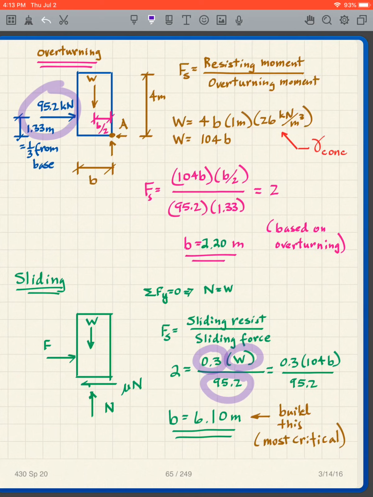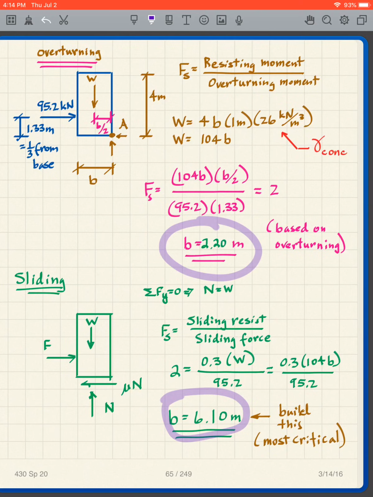And this has got to be equal to, and then again my W is 104B, and that's got to be equal to 2. I solve for B, and I get B is equal to 6.1 meters. Now notice it's not the same as the 2.2.